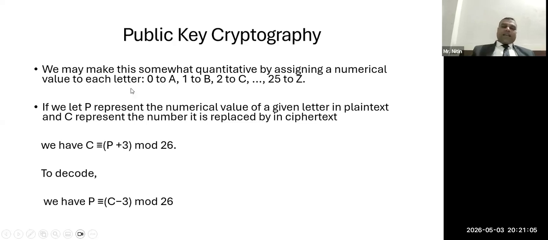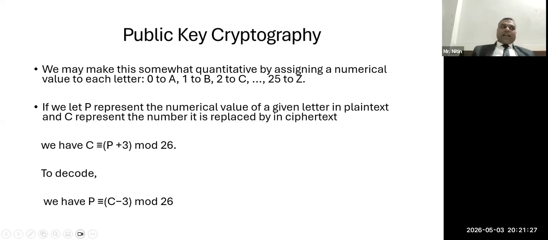Yes. So if we assign a numerical value to all the alphabets A to Z: 0 for the alphabet A, 1 for alphabet B, likewise 2 for C, then 3 for D, likewise till 25 is used to represent Z, right?